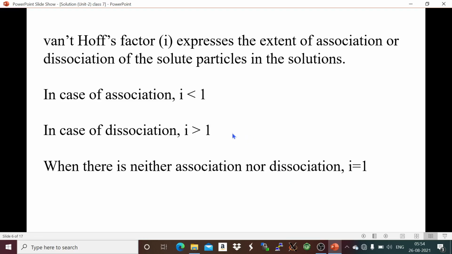So the solute particles do not associate or dissociate, so i is equal to 1. But if it undergoes association or dissociation, to account for this abnormal molar mass, this Van 't Hoff factor was introduced.